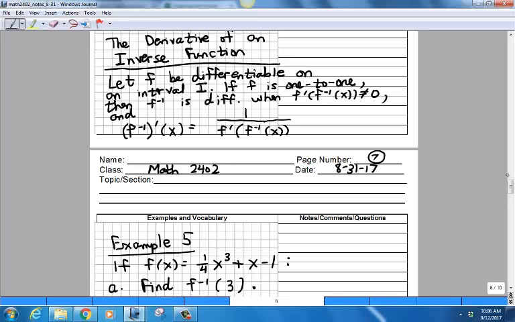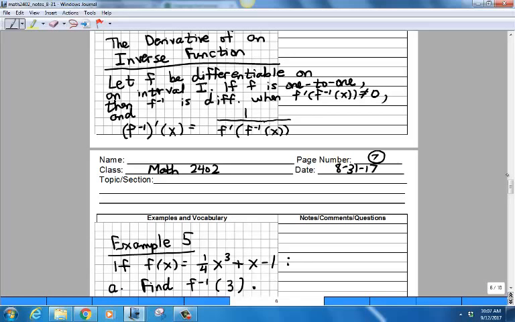Suppose you have a function and it has a derivative on some interval, and it's a one-to-one function. That means that it has an inverse, right? Then the inverse also has a derivative, and here's the formula for the derivative of the inverse.